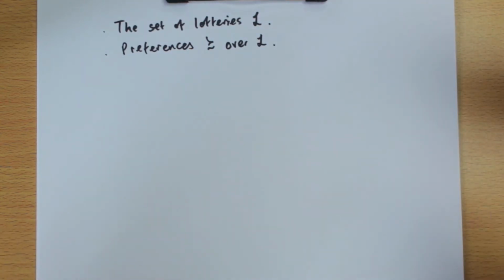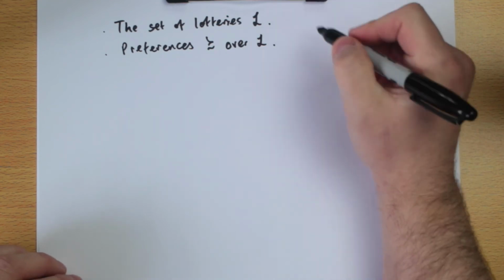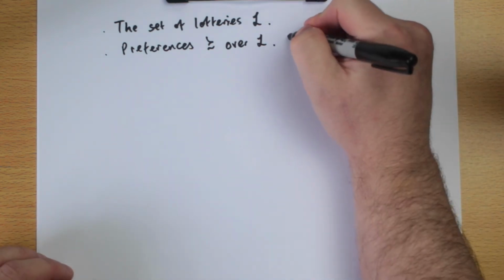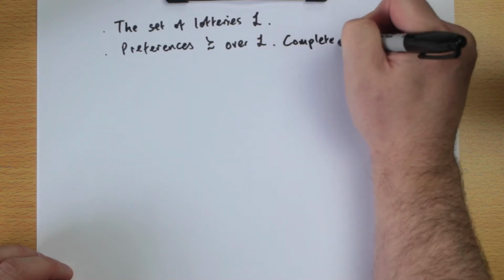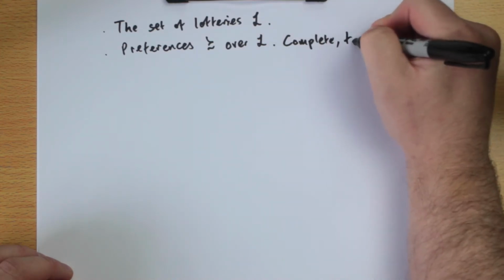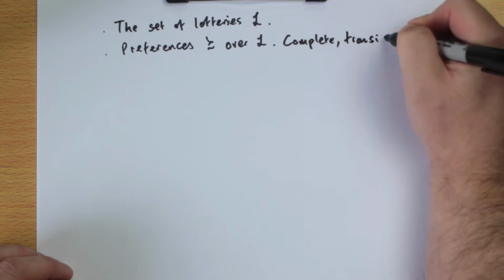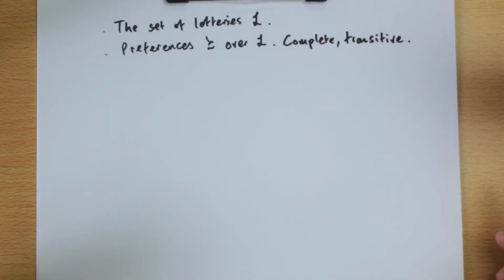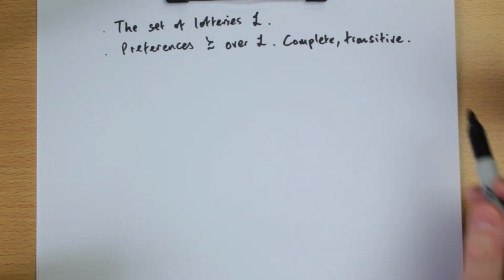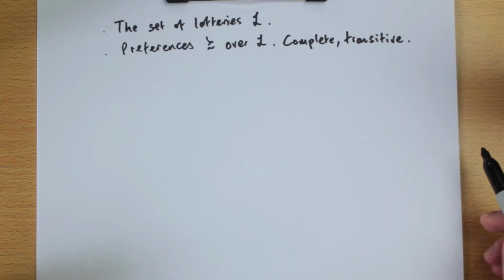So we have preferences over lotteries, and it's natural, therefore, to extend our basic rationality requirements that the preferences are complete and transitive. Our decision maker is able to compare any two lotteries, always expressing a preference, strict preference or indifference, and those preferences are transitive. So they can put lotteries in order.